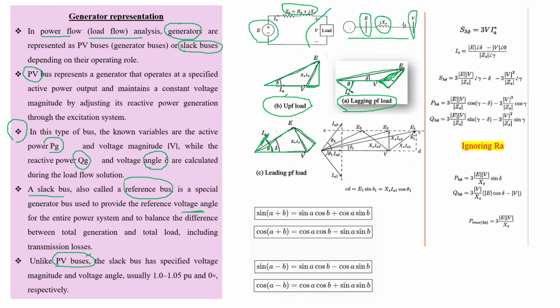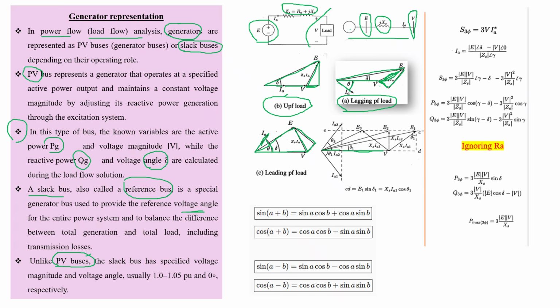For example, let us consider the lagging power factor, where the current lags the voltage. For example, if there is a unity power factor, this armature current IA2 and the terminal voltage are in the same direction.